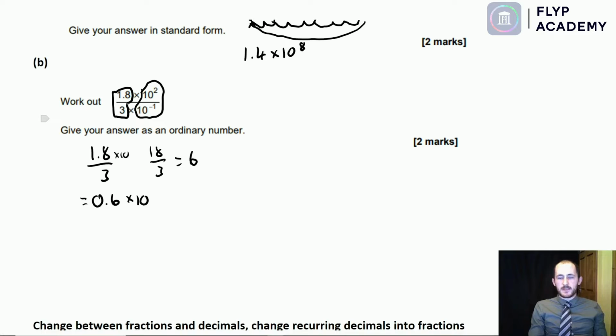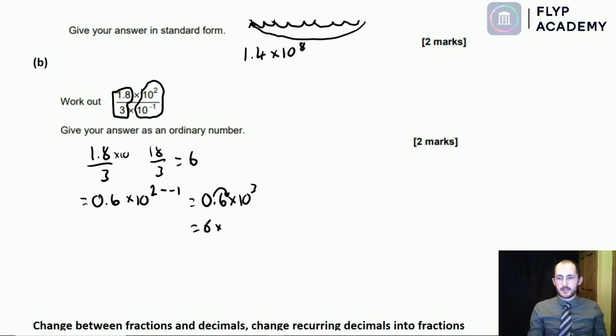Now when I'm dividing, I'm just using my rules of indices. 10 squared divided by 10 to the minus 1. So I'm doing 10 to the power of 2 minus minus 1. So I get 0.6 times 10 to the power of 3. Now this 0.6 is not between 1 and 10. So I need to move this over 1 to get 6.